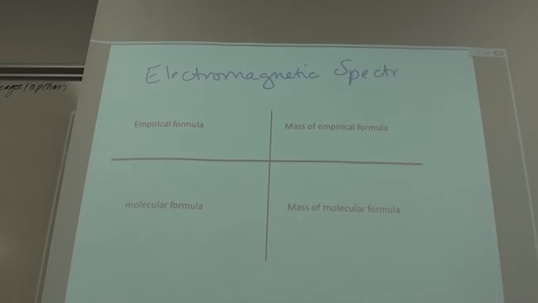What do you remember about the electromagnetic spectrum? The song, right? Radio waves, microwaves, infrared, ultraviolet, gamma rays. Everybody sang that song. So what I want you to remember is electromagnetic: E comes before M. Alphabetically, E comes before M as well.